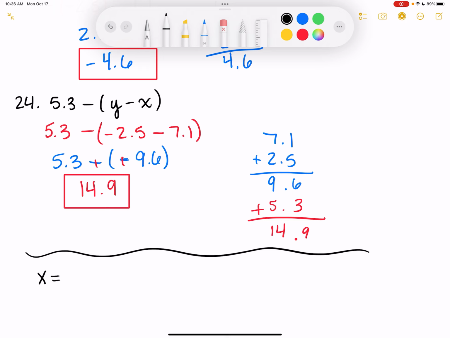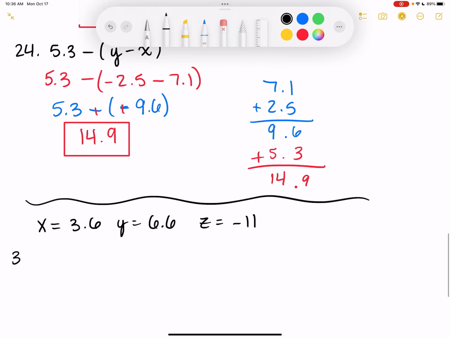So x is equal to 3.6. Y is equal to 6.6, and z is equal to negative 11. So 32, where parentheses, x minus y, close parentheses, minus, and then the absolute value of z.